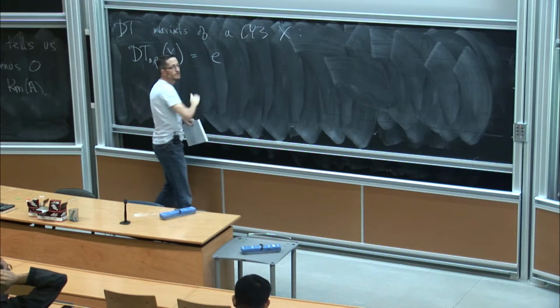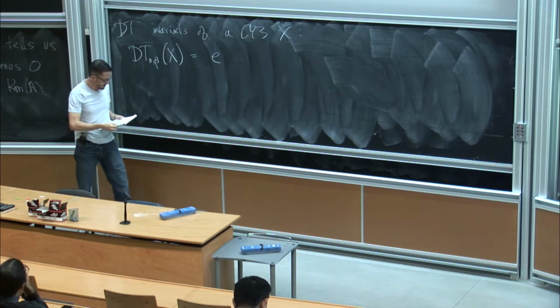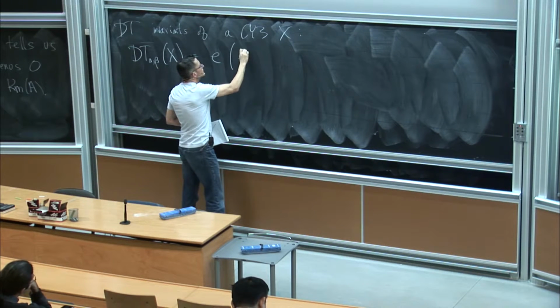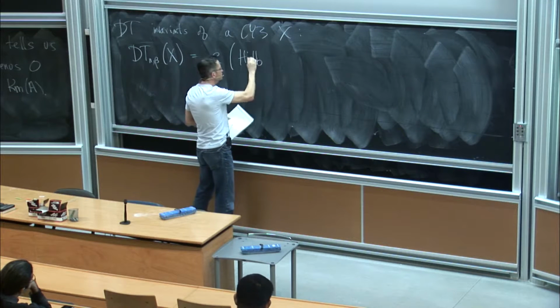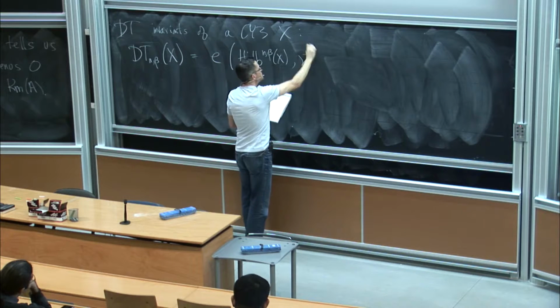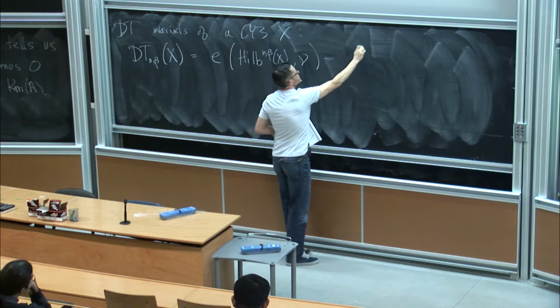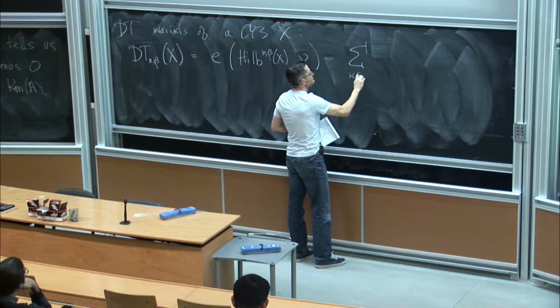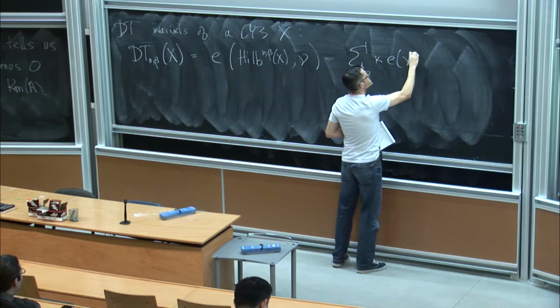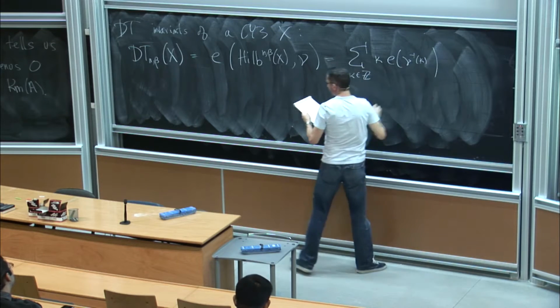Well, this is really a theorem of Behrend, but let me just give it as a definition. We can take the Euler characteristic of the Hilbert scheme of curves weighted by the Behrend function. So what is this?